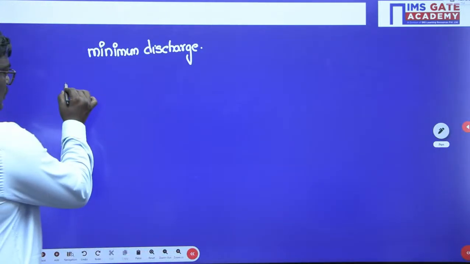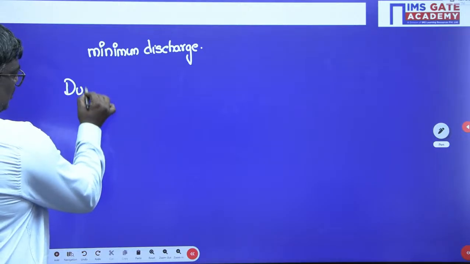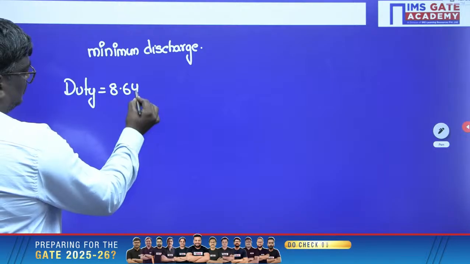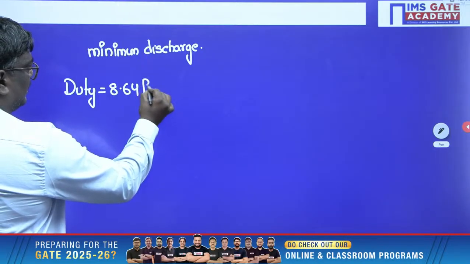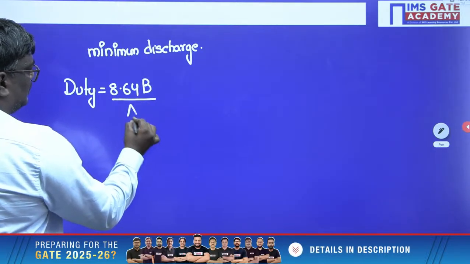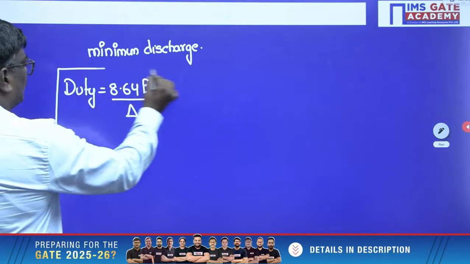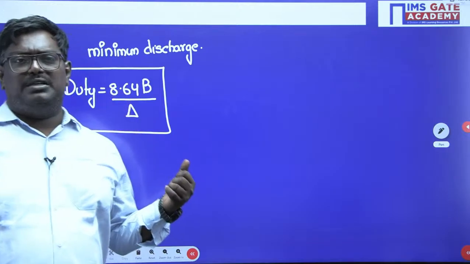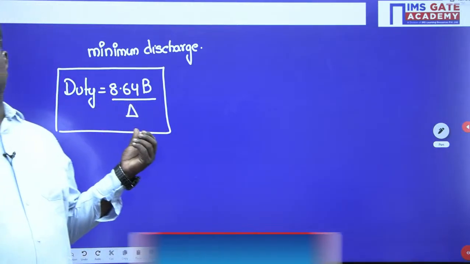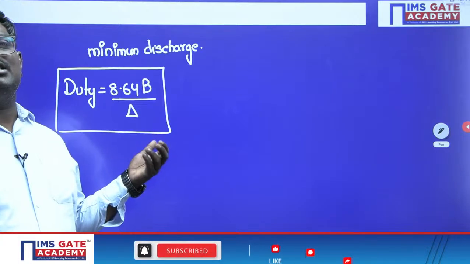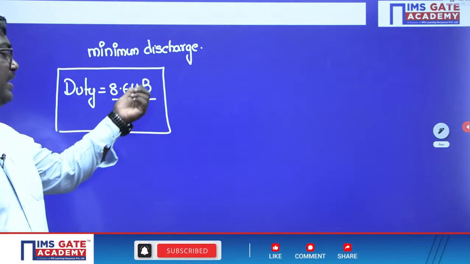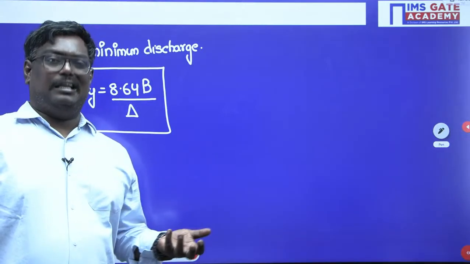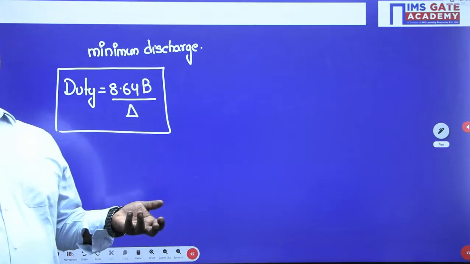To find this, first of all, I should know this formula. Duty is equal to 8.64 times base period upon delta. This is a very, very important question. Why 8.64 came is, in a day we have 86,400 seconds, and duty is always expressed in hectare. 1 hectare is 10 power 4 meter square.